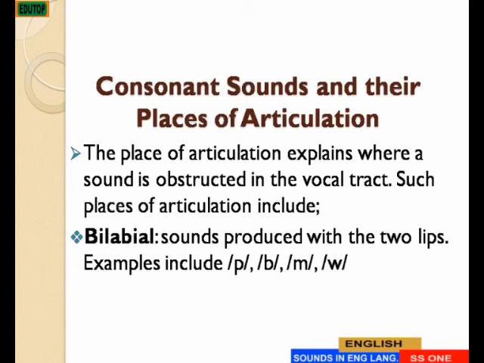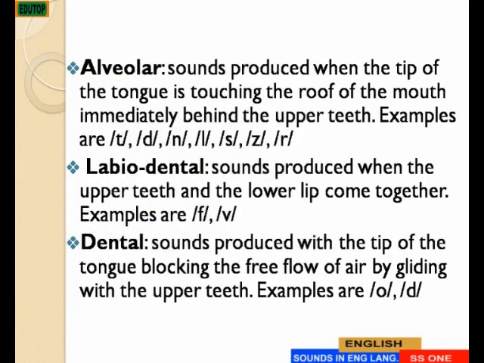Examples include the sounds pa, ba, ma, and wa. The second one is alveolar. The alveolar has to do with sounds that are produced when the tip of the tongue is touching the roof of the mouth, immediately behind the upper teeth.